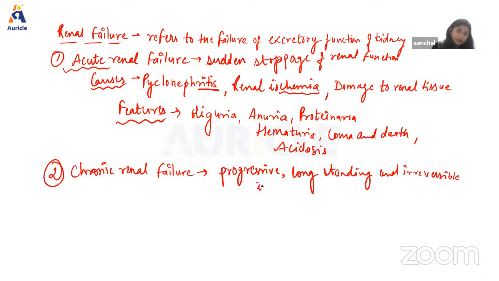Irreversible impairment of renal functions. Okay. Now, what are the causes which are responsible for this disease or for this condition?